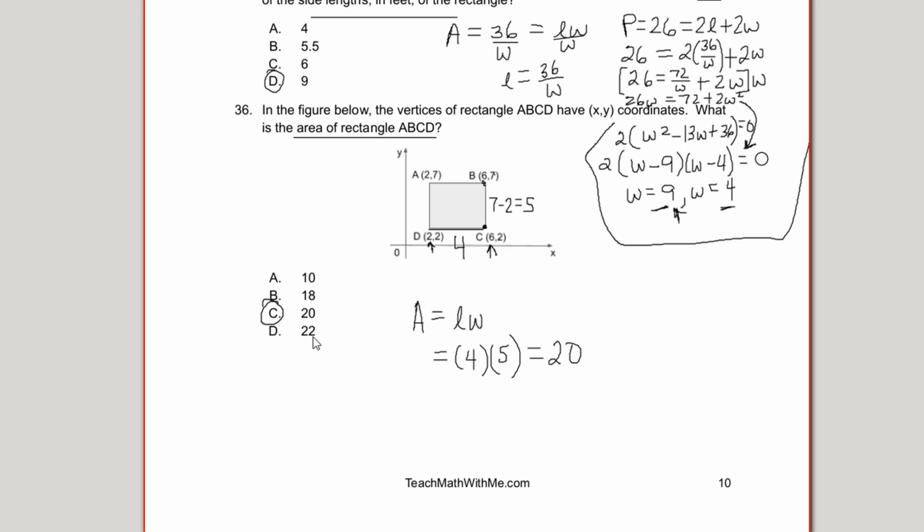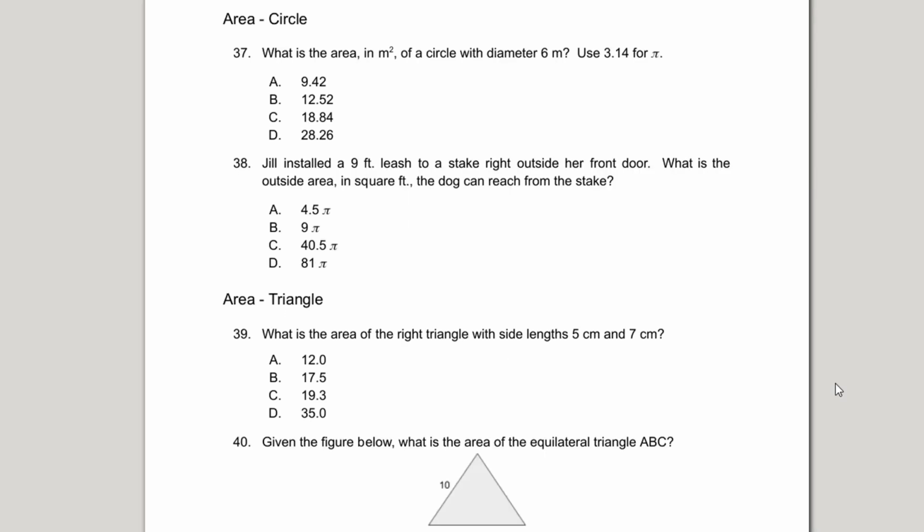Answer choice C. Looking at area of a circle, 37 asks what's the area in meters squared of a circle with a diameter of 6 meters, and we're supposed to use this for pi. So here's another formula we need to know. Area of a circle equals pi r squared. It uses r, we're given diameter.